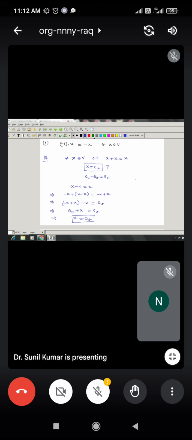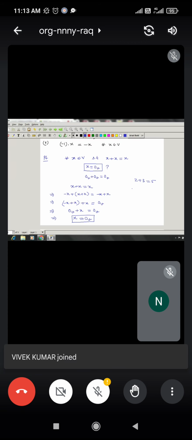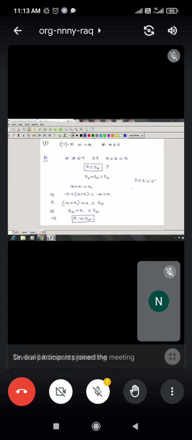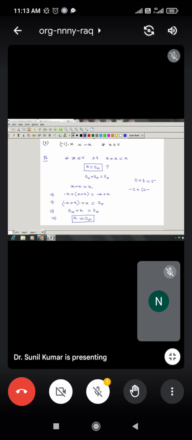Now one student told me that 2 plus 3 equal to 5, we can take 2 common. Yes, we know, you have already studied, so you go directly. But the logic behind this: the additive inverse of 2 is minus 2. So we can write minus 2 plus 2 plus 3 equal to minus 2 plus 5.